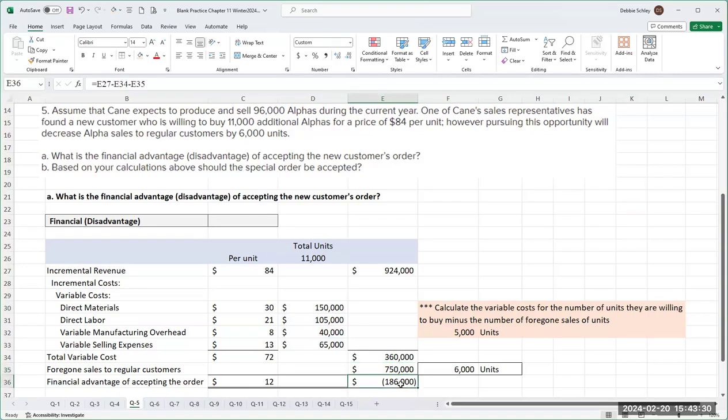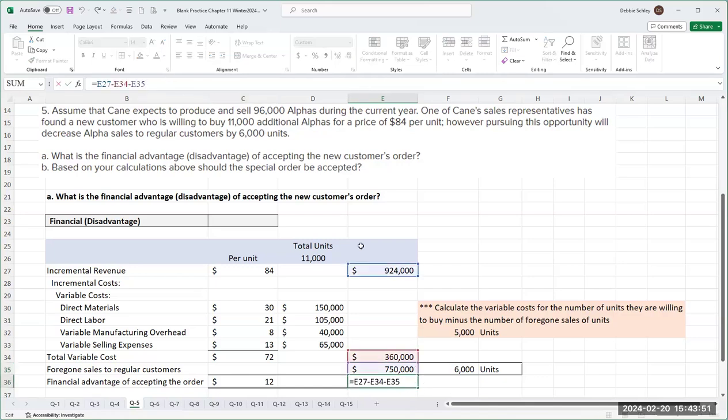So then, and this is going to be a negative, right? Because it's lost sales. No, it's not. What did I do wrong? Oh no, I did that right.